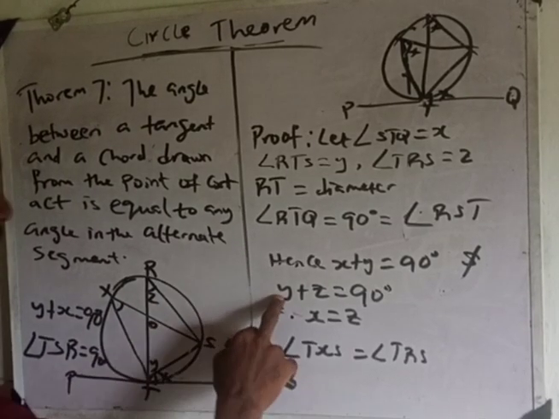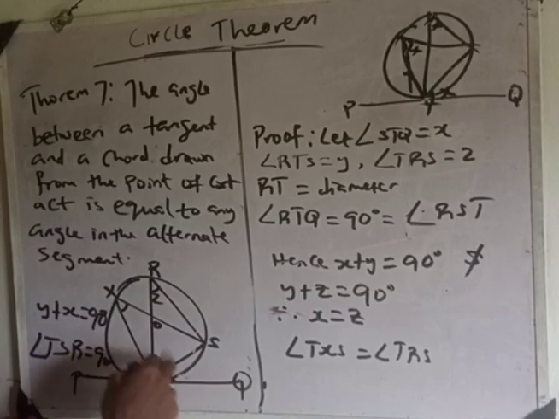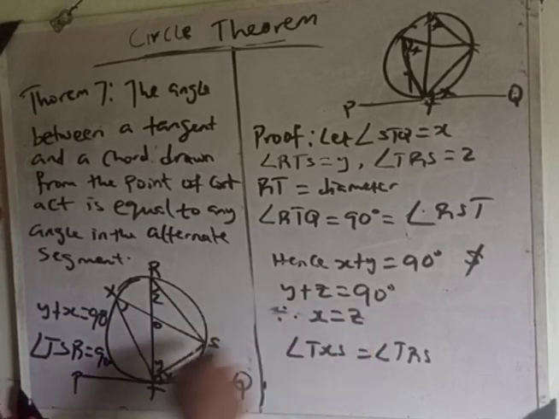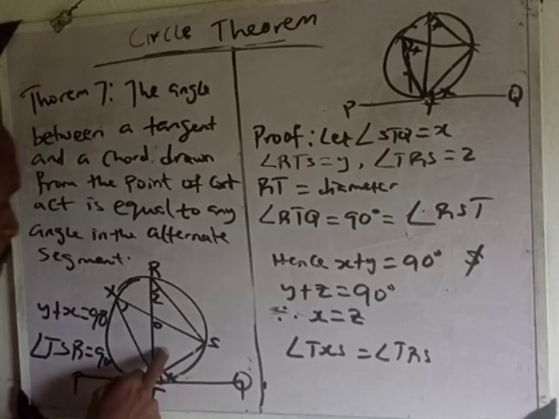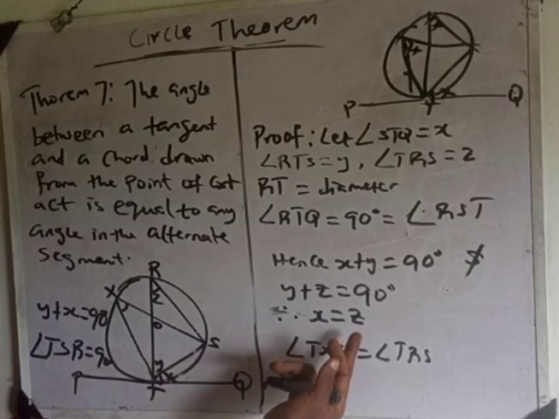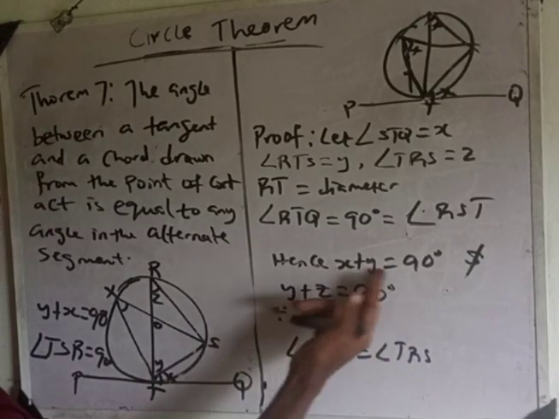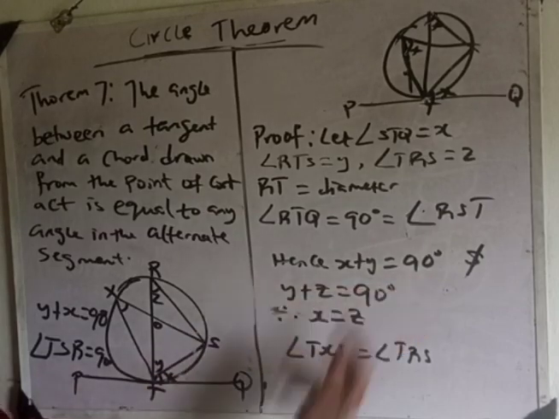So we have that y plus z, this plus this, will give us 90 degrees, because this one is also 90 degrees. Also, we have that y plus x, which is this and this, will also give us 90 degrees.